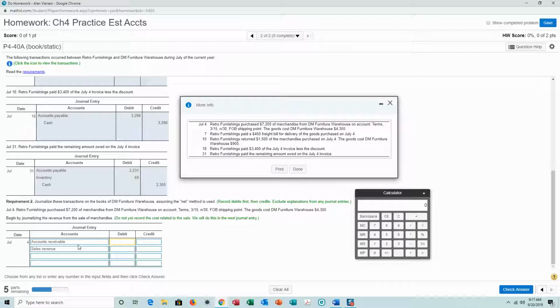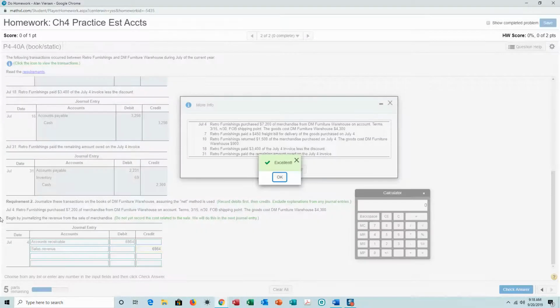We already did this calculation, and that's for $6,984. The calculation is again 97% of 7,200, so 6,984, and that'll be the first journal entry when you make a sale.